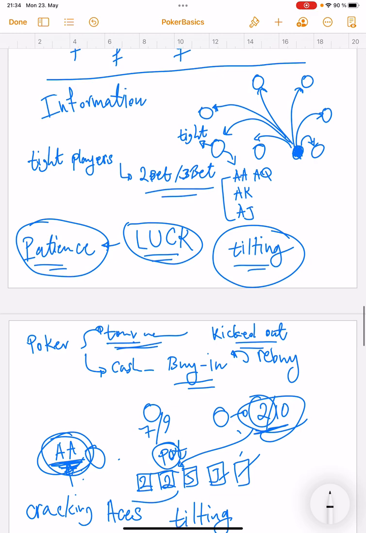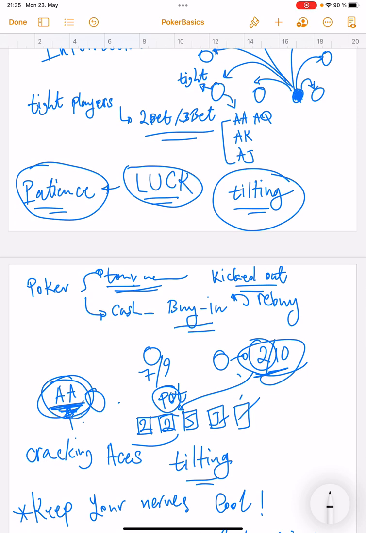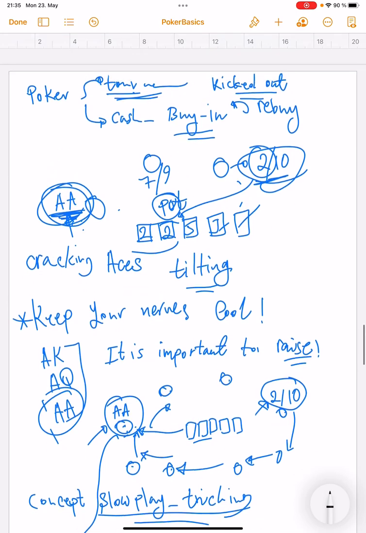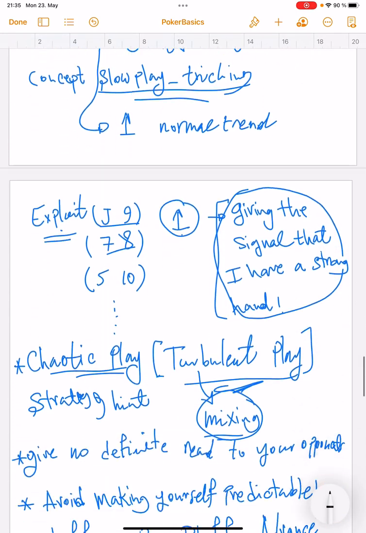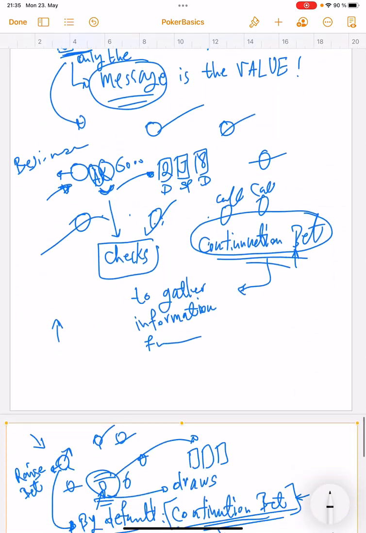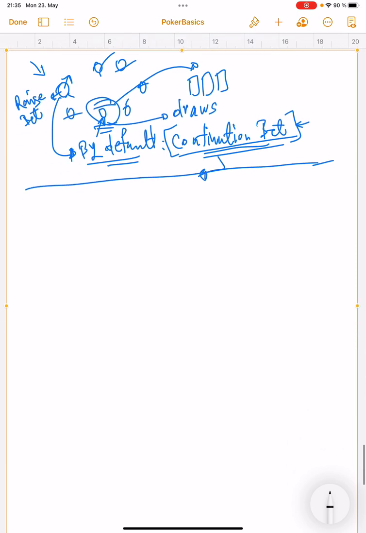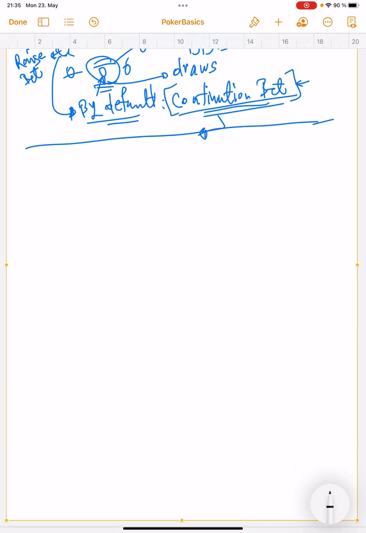We also talked about the tilting effect, the luck effect, all sorts of information and signals that you are basically sending to your opponents. And we gave some general tips and so on. I don't want to talk about things we discussed in the previous session, but today, let me again state it here.